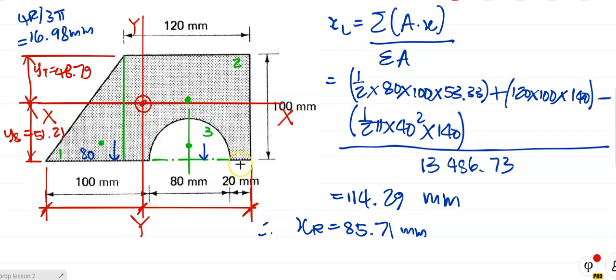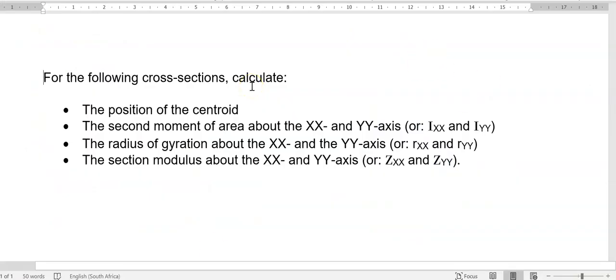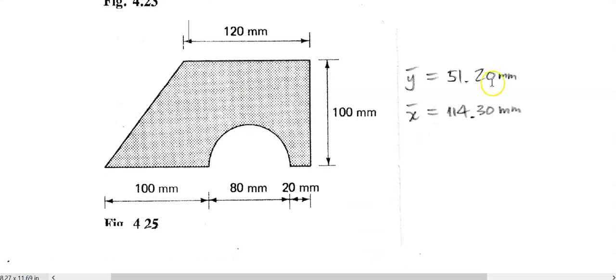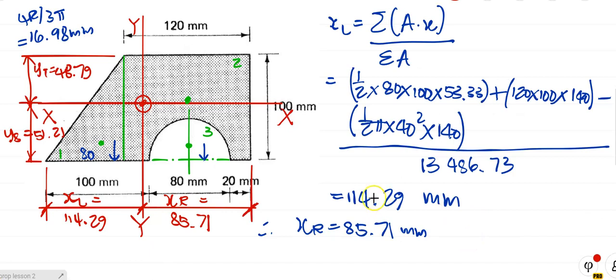Alright, so x left is equal to 114.29, and x right is equal to 85.71. Okay, right, people. So if we go back to the question, we've answered the first question there. And if I go back to my 51.2, 114.3, there we go. So it's correct.